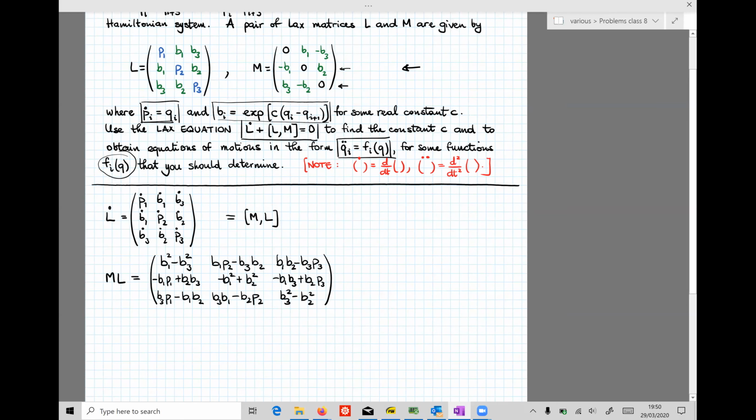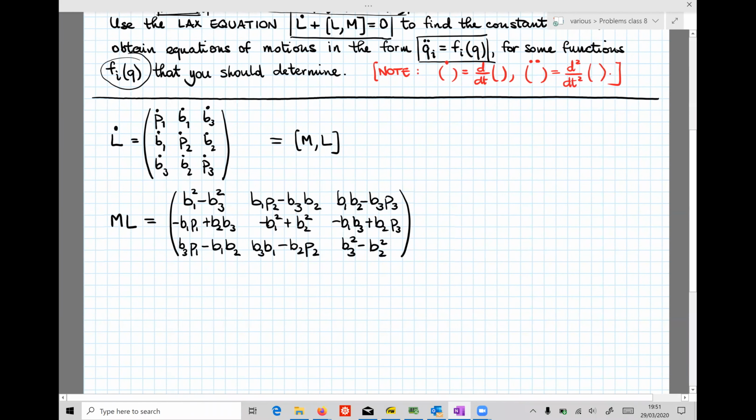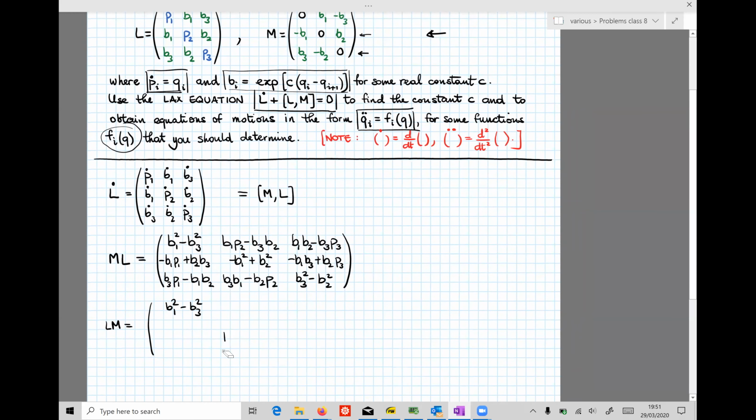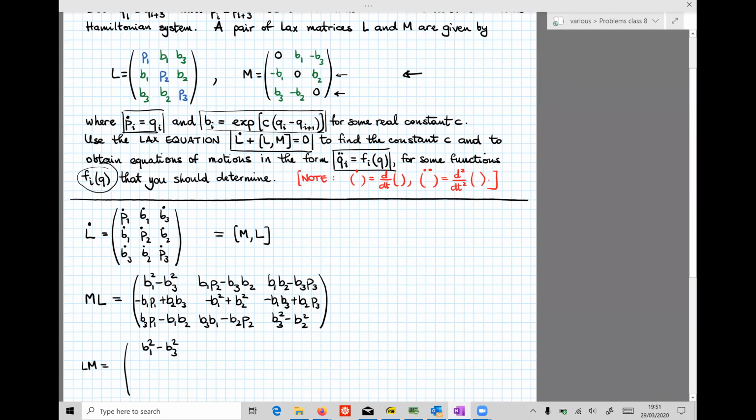Next we need to compute L times M, and then we'll take the difference. Okay, I think I might need space. For L times M, entry 1,1 is B1 squared minus B3 squared. Entry 1,2 is P1 B1 minus B2 B3.